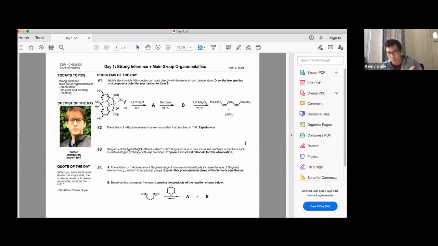And of course, all of these processes where you react a Grignard in solution with something are equilibrium processes and thus have a thermodynamic driving force. So that's why this is denoted as equilibrium arrows. And then there are two products here. Okay, so take a minute to think about that, and then we'll discuss.